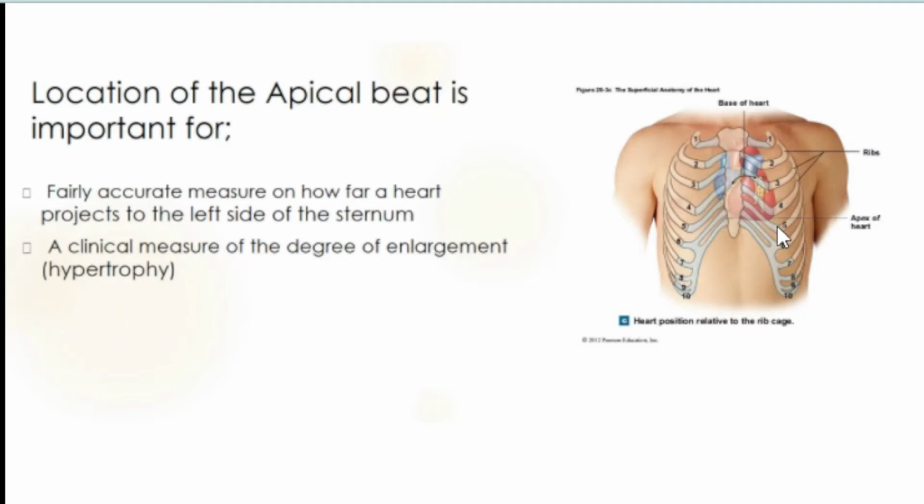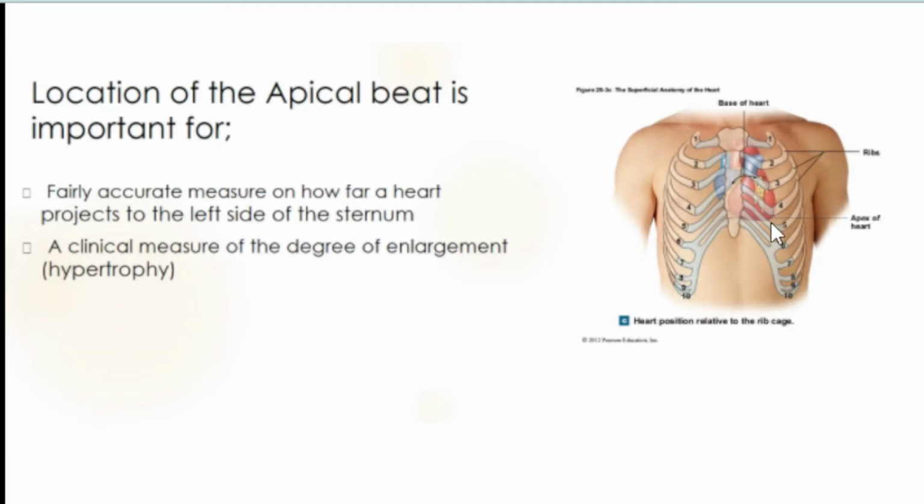That is why the position of the apex is very important. Why? Because if the position of the apex changes, it tells us that there could be enlargement of the heart, also known as hypertrophy.